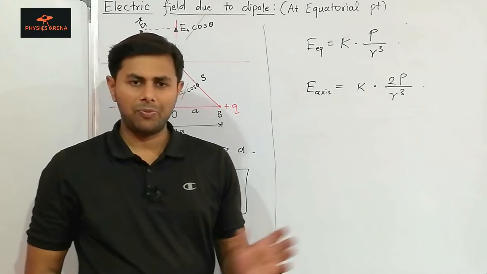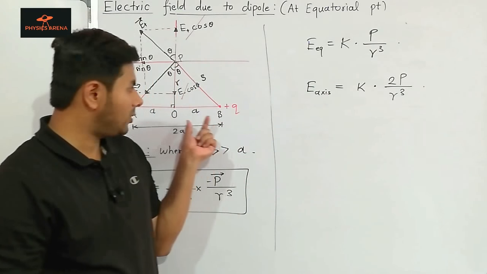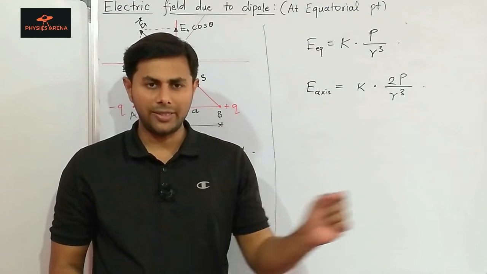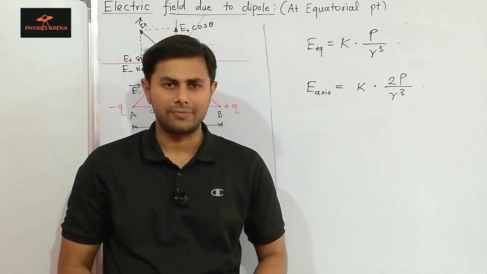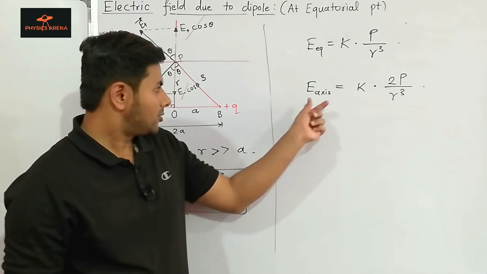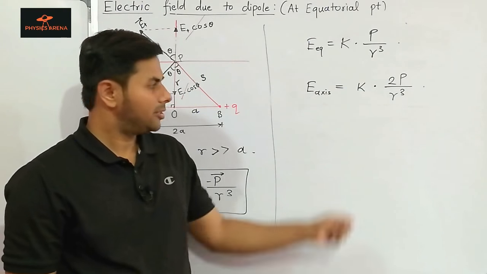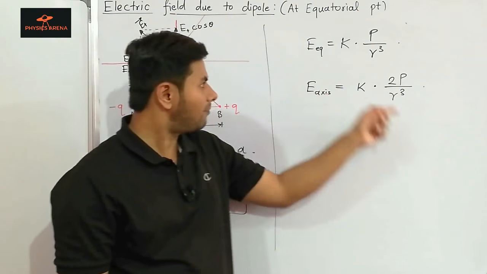So at a faraway point, the electric field due to a dipole is twice along the axis compared to the equator. Okay, so the intensity of electric field is more along the axis compared to the equator.